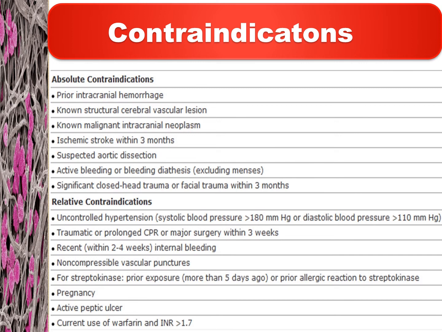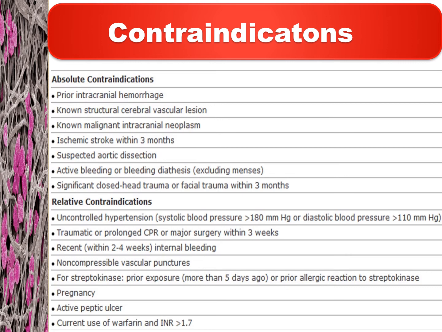The absolute contraindications are prior intracranial hemorrhage, known structural cerebral vascular lesion, known malignant intracranial neoplasm, ischemic stroke within 3 months, suspected aortic dissection, and active bleeding or bleeding diathesis. And the last is significant closed head trauma or facial trauma within 3 months.